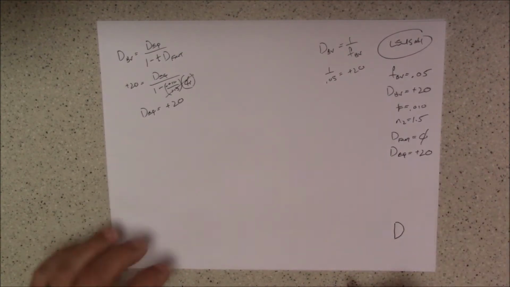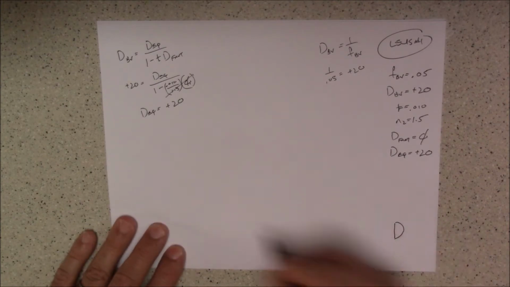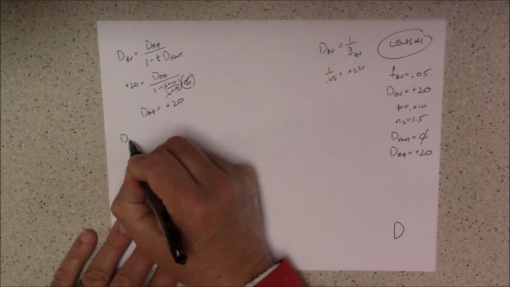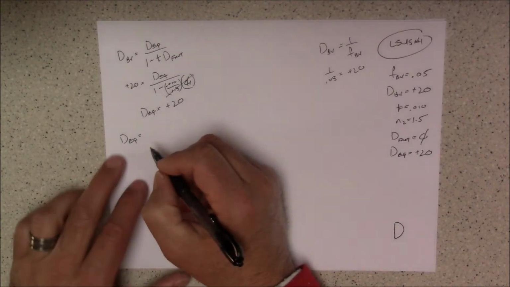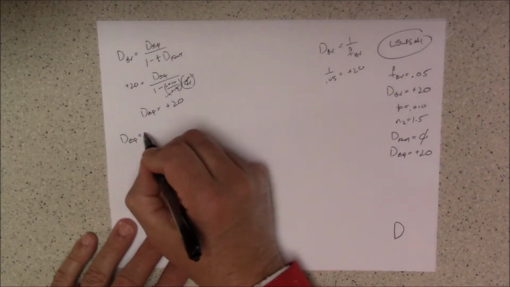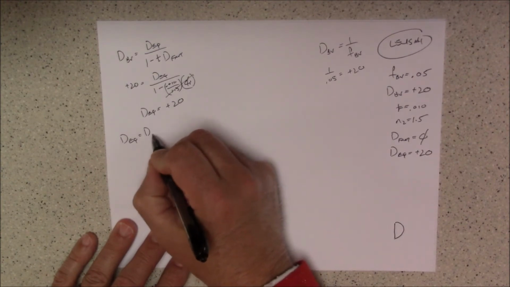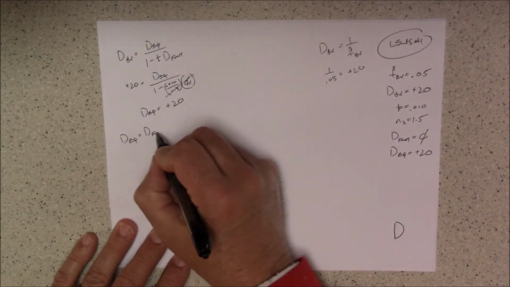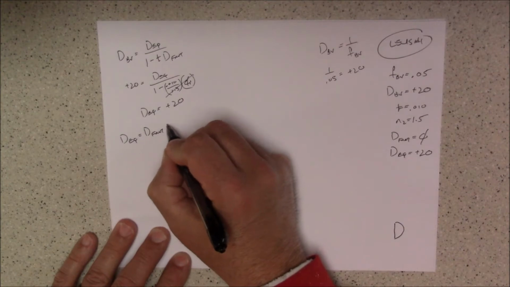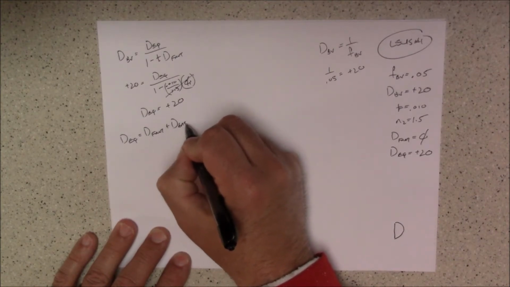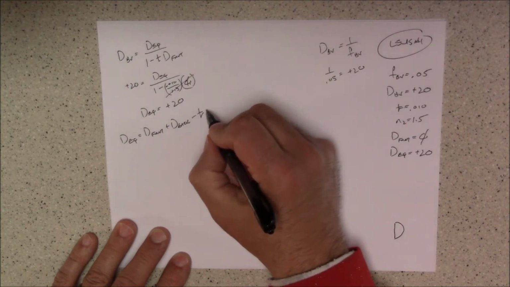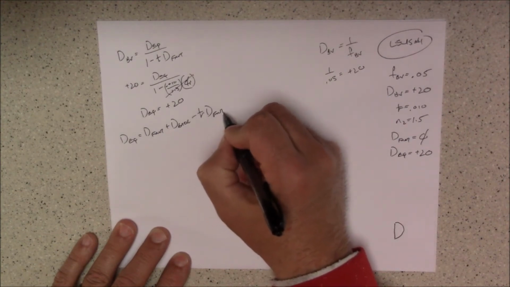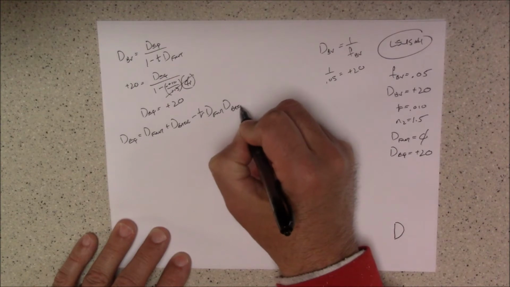Now I want to figure out what the back curvature is going to be, and I can do that because I have the relationship of the equivalent power to the different base curvatures. The equivalent power is a function of the front base curvature, the back base curvature, and our compensation factor, which is our thickness value, times the front base curvature times the back base curvature.